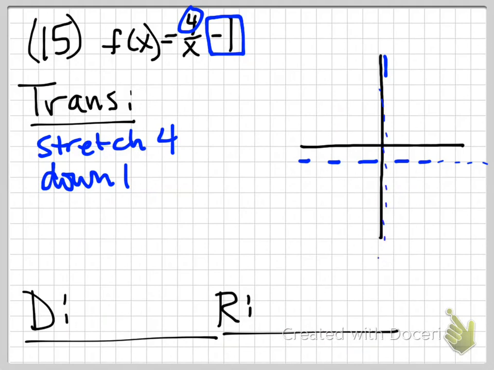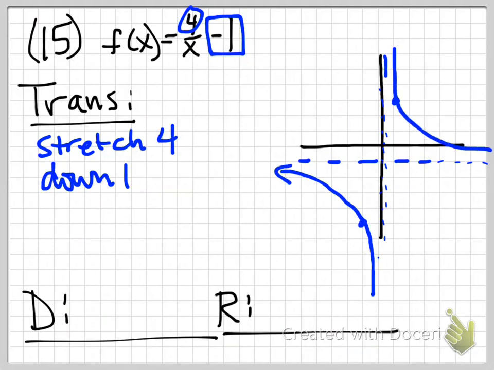Now from there, basically I'm going to have a slope of 4. So I'm going to go up 1, 2, 3, 4 over 1. And from this center point, down here, 1, 2, 3, 4, back 1. And then I'm going to have my lazy L.